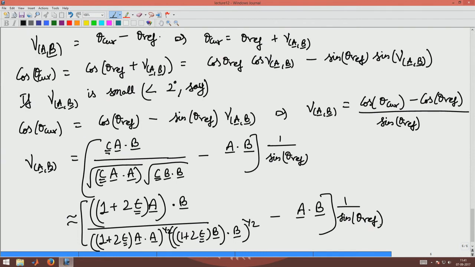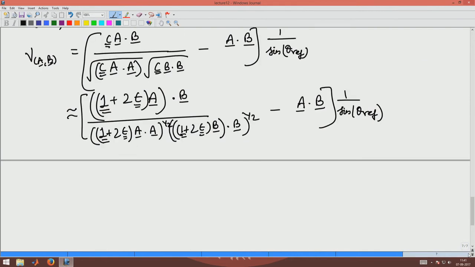Okay. I do the same trick that I did for the change in the length. Okay. So, let us continue.